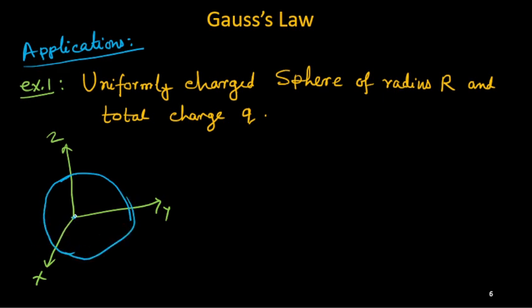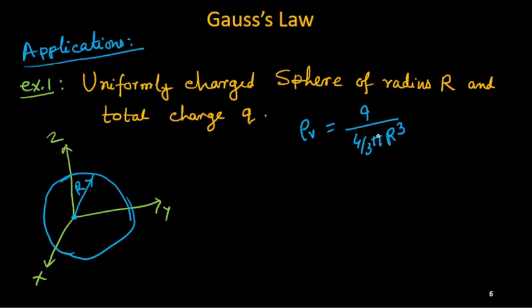Its center is here, its radius is capital R, and total charge is Q. So what is the charge density, rho v? Total charge is Q, and total volume is 4 by 3 pi R cubed. So this is the volume charge density, and this is uniform.